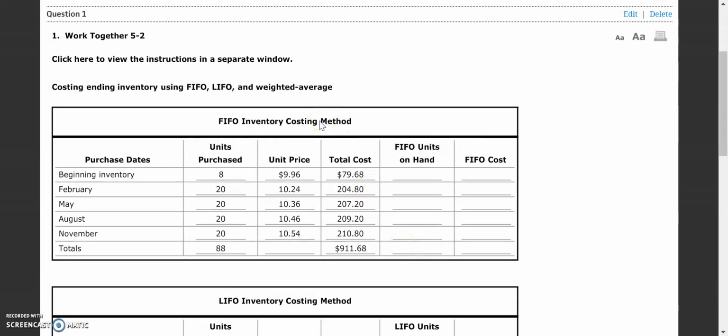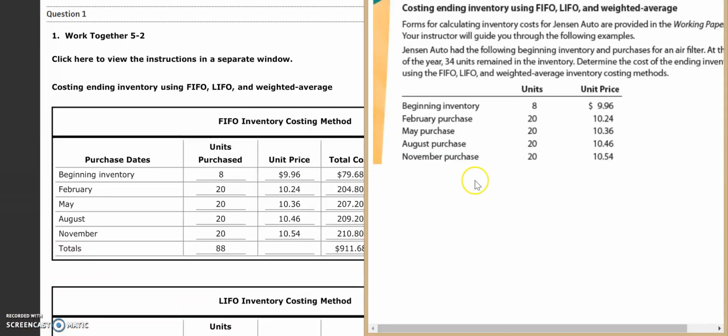So remember that with FIFO, what we're doing is we are taking the merchandise that was purchased most recently. So that's the way that GAAP defines first in, first out, is our most recent purchases. So if you remember from our instructions over here, our ending inventory was 34 units.